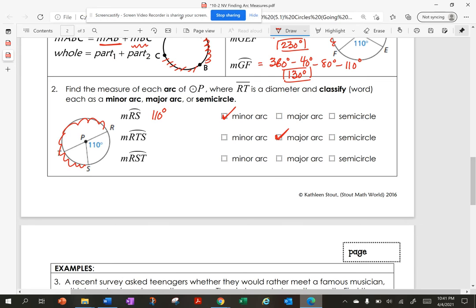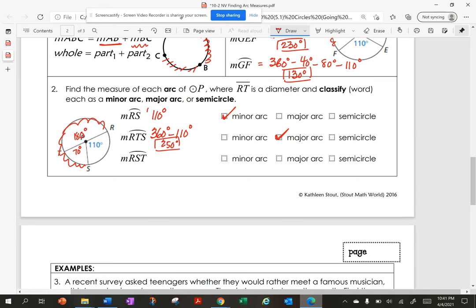The whole thing is 360 degrees minus the 110 that does not include it, which is 250 degrees. I could also say this is 180, and I know this is 70 because when I add 110 and 70, it's 180. So an alternate way is 180 plus 70, which is 250.